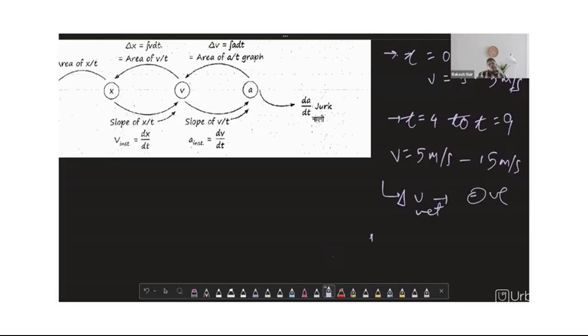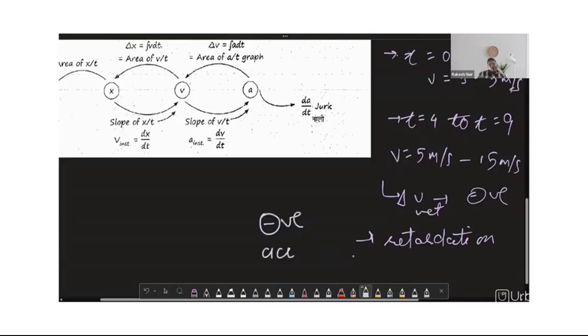A case of retardation can be observed. Retardation is also known as negative acceleration. Although we have not considered acceleration by far, as this comes as a topic, we are considering negative acceleration to be the retardation.